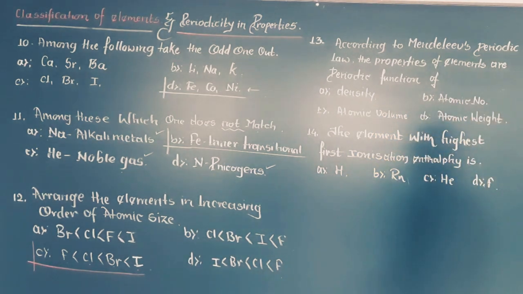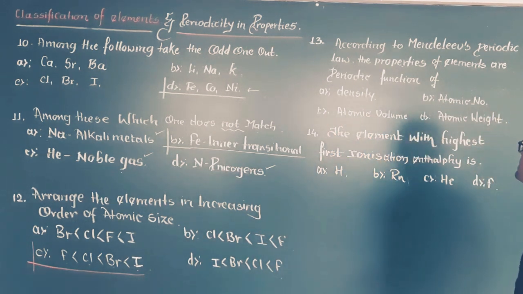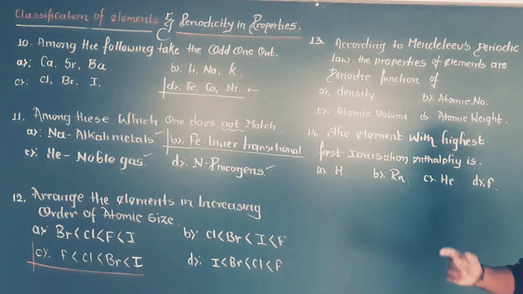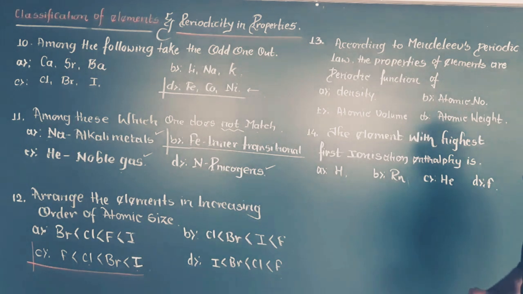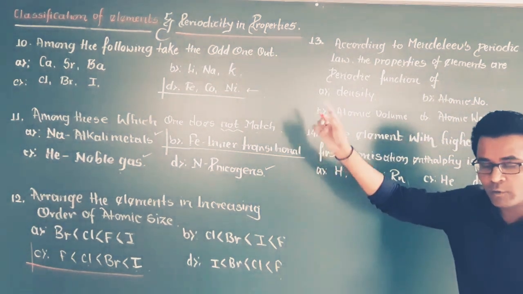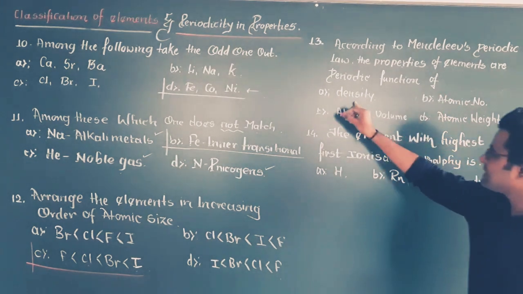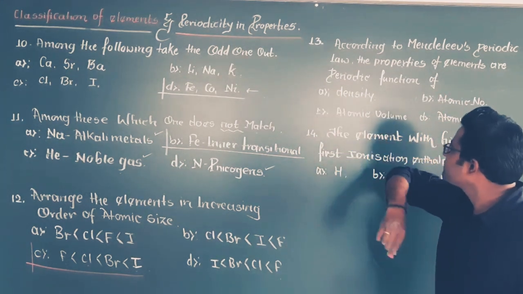Question number 13. According to Mendeleev's periodic law, the property of elements are the periodic function of. Now, let us observe all these. Atomic number, modern periodic table, okay, or modern periodic law. So therefore, no. Density, not possible.